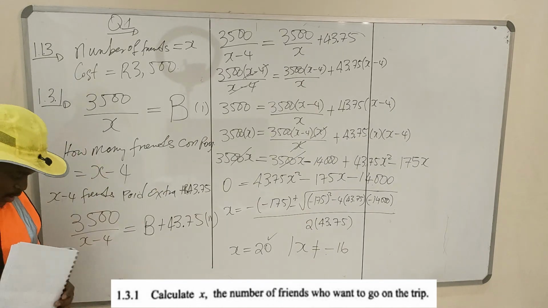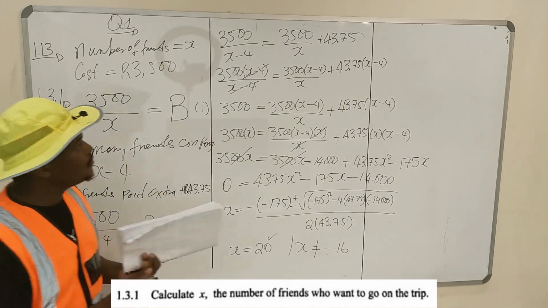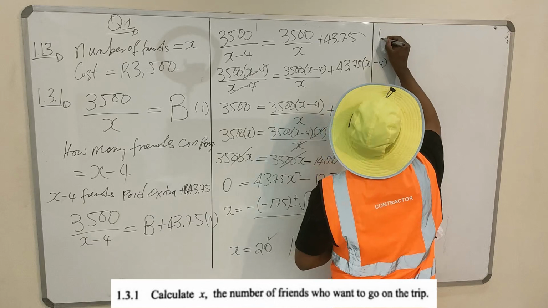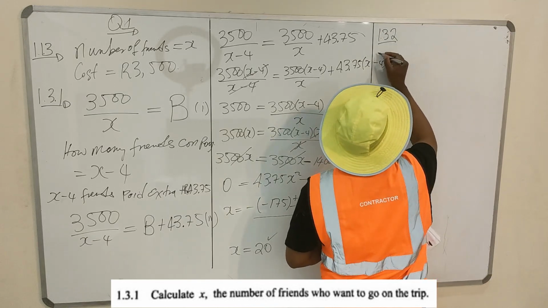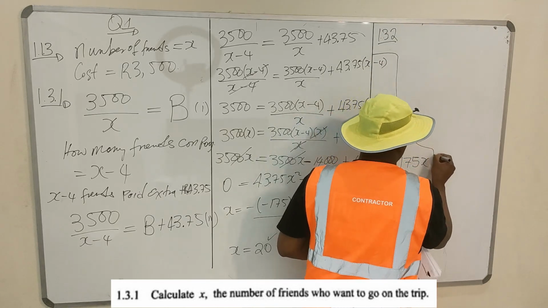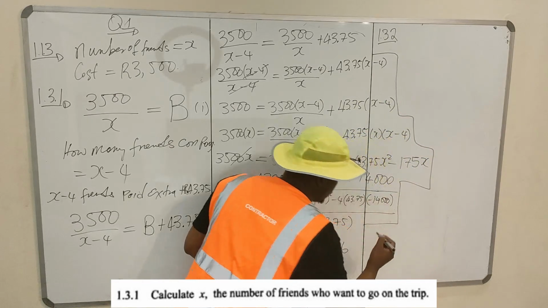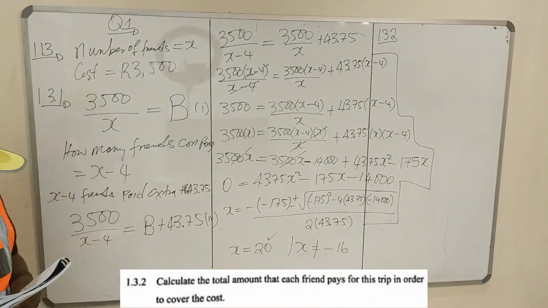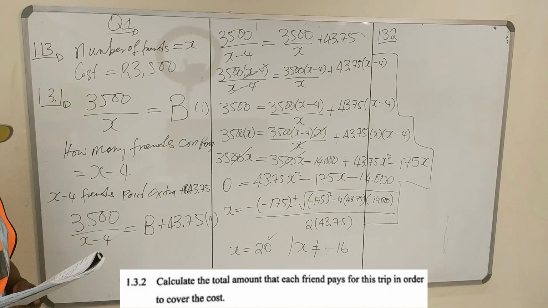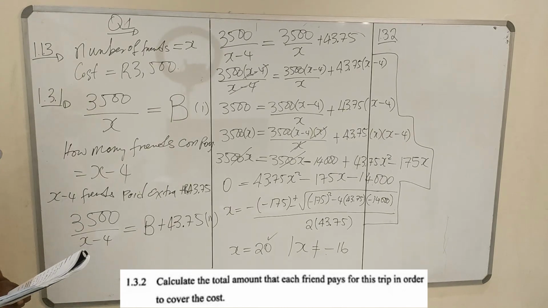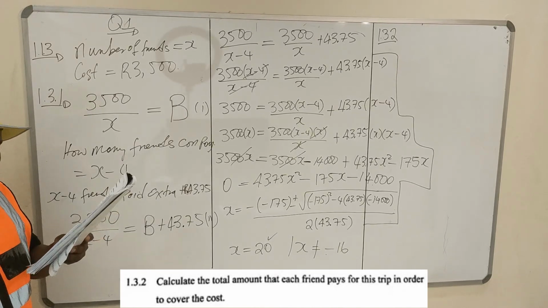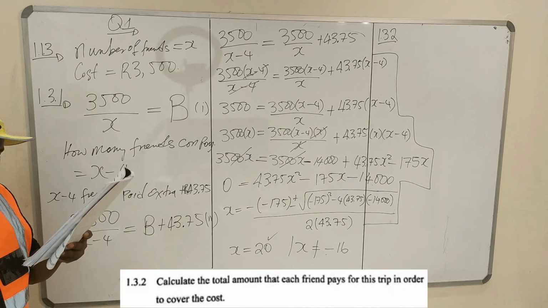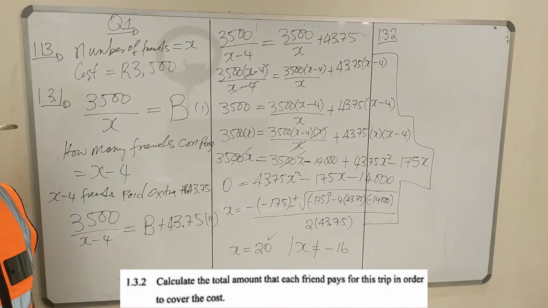Then, looks like there's the next one, 1.3.2. I hope this works. So now 1.3.2 reads as follows: calculate the total amount each friend pays for the trip in order to cover the cost.